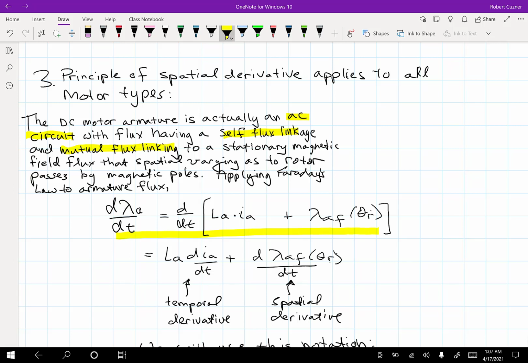where we have a derivative of two terms, the self-flux linkage and the mutual flux linkage. The mutual flux linkage has a theta r, or rotor position dependency.